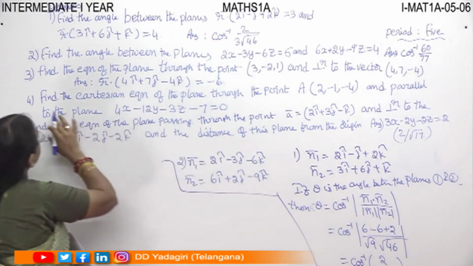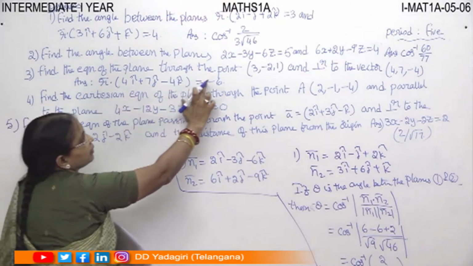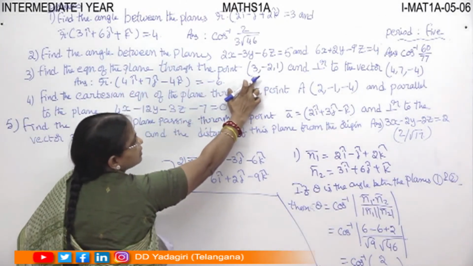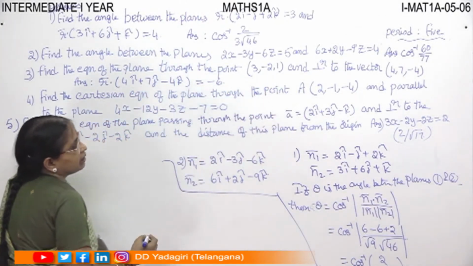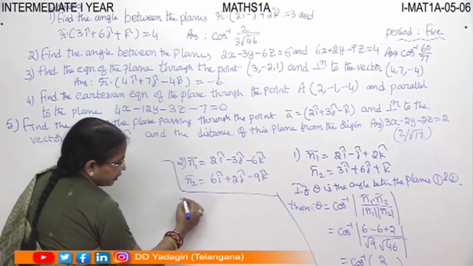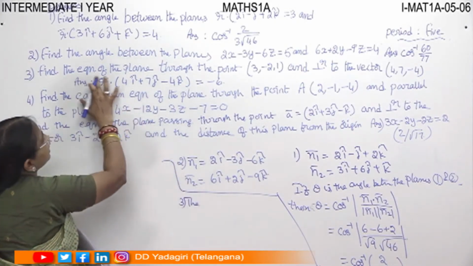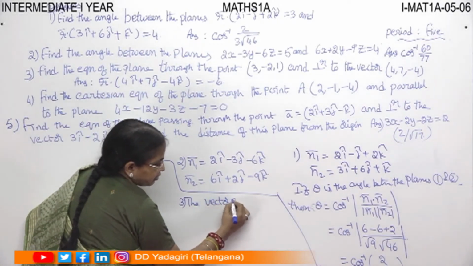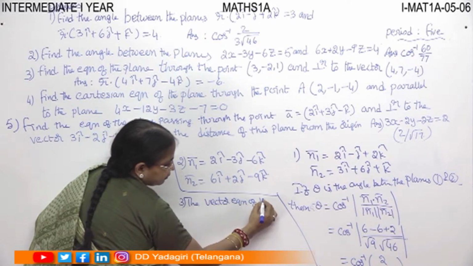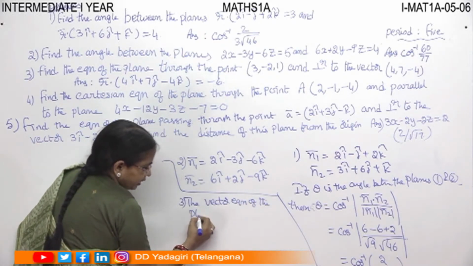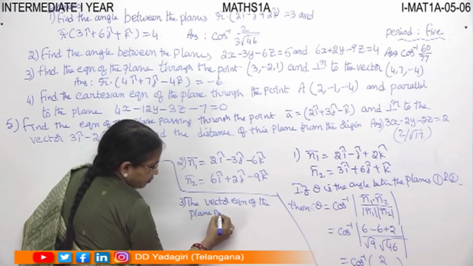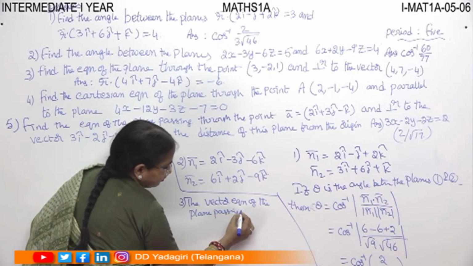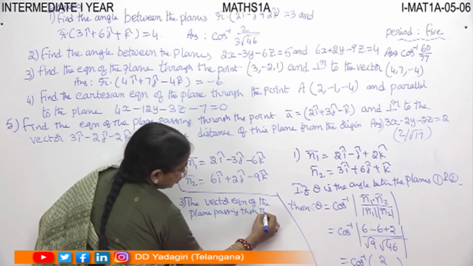Okay, now third problem is find the equation of the plane passing through the point, this is the point, and perpendicular to that vector. So first we'll find the vector equation of the plane passing through the point.